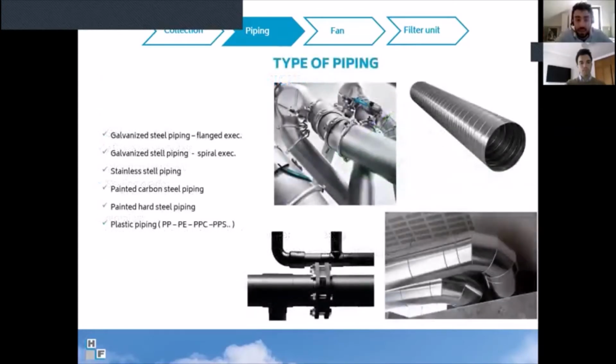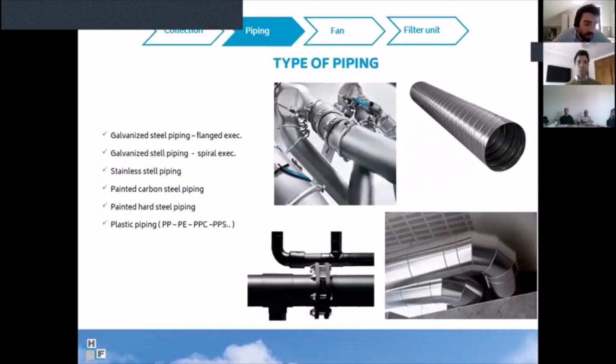And here you can see the typical kinds of piping we use in our systems, starting from galvanized steel piping with spiral construction to the flanged one, so galvanized steel but with flange, stainless steel piping, plastic piping, and so on.